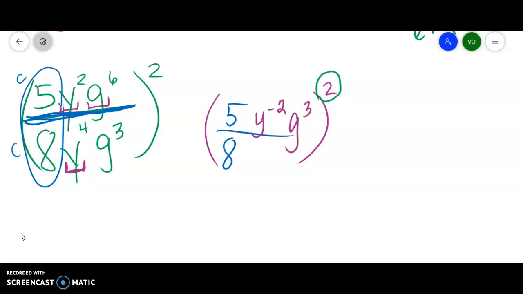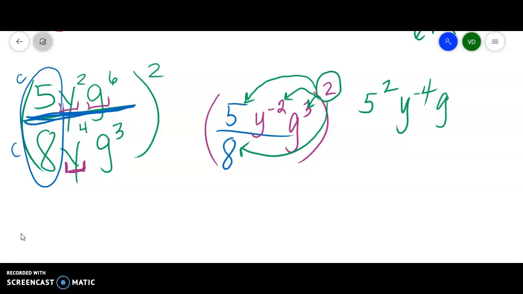I have to take that 2 and give it to every coefficient and every base. So now I'm going to have 5 to the second power. I'm going to have y to the negative 4 because I multiplied them. I'm going to have g to the sixth power, and that is over 8 to the second power.